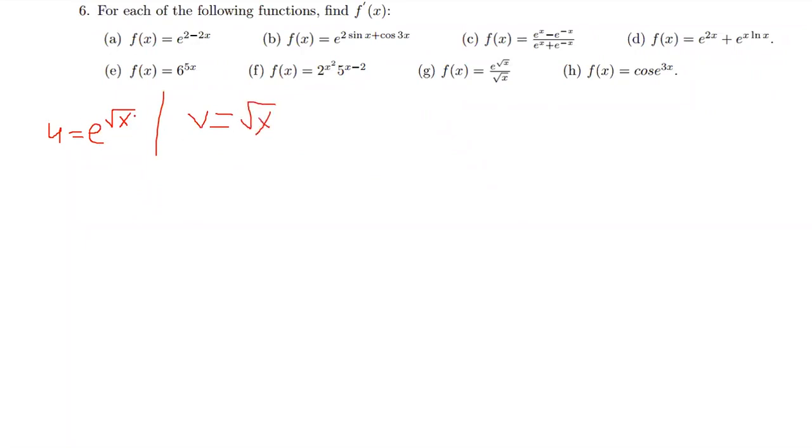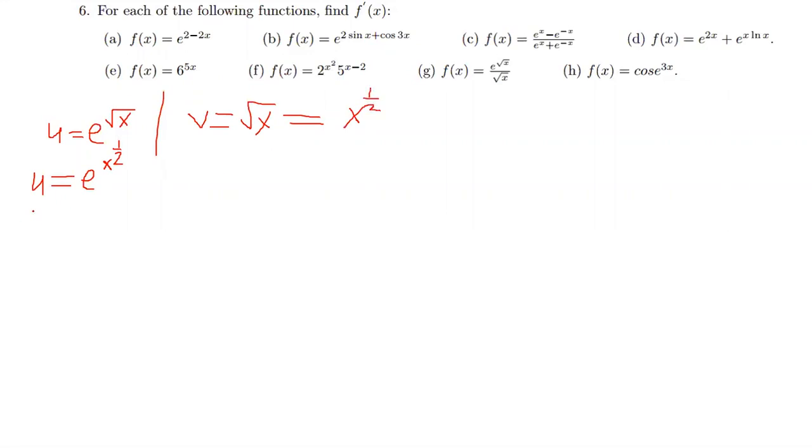Let me rewrite this. This is just the same as e to the power x, and then this x is raised to power half. The square root is just the same as 1 over 2. Same applies to v. v can also be written as x raised to power half.